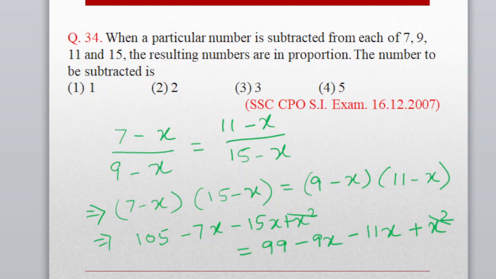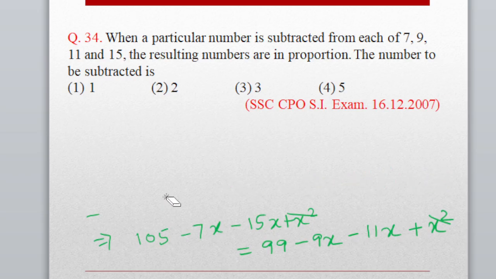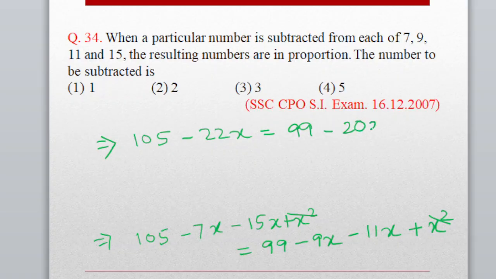Now this implies here 105 minus 22x is equal to 99 minus 20x.